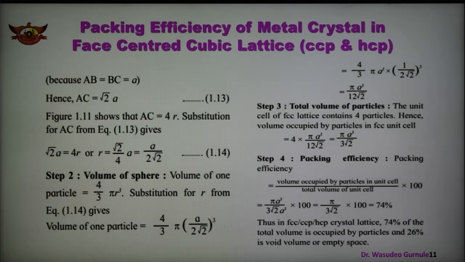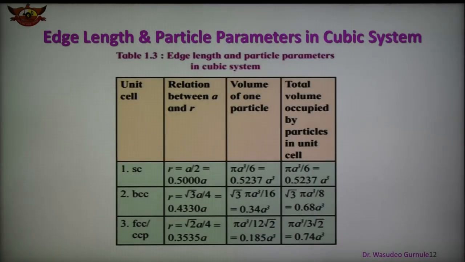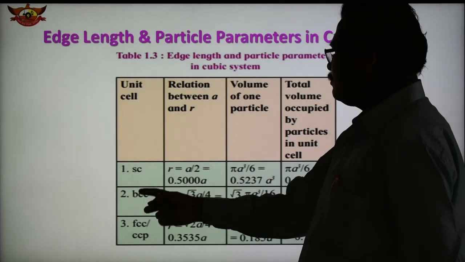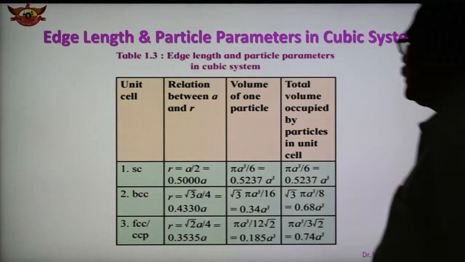So in HCP and CCP, 74% is occupied by the particles and 26% is empty space, which is known as void. And this table shows the edge length and the particle parameter in cubic system. Here the unit cells are shown: simple cubic, body centered and face centered.